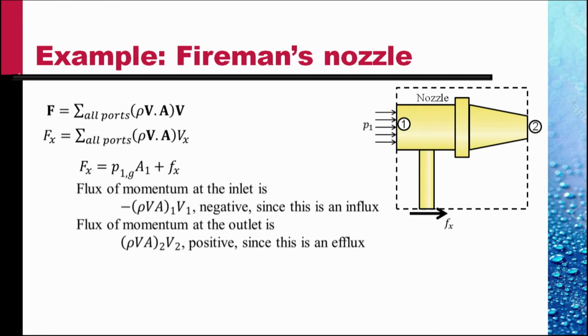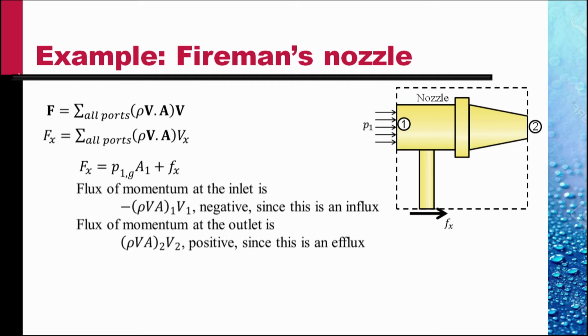The total external force is P1 gauge times A1, the area at 1, and Fx, both positive. The flux of momentum at the inlet is minus rho VA at 1 times velocity at 1. This is negative because mass flux is negative and velocity is positive. So the product is negative.